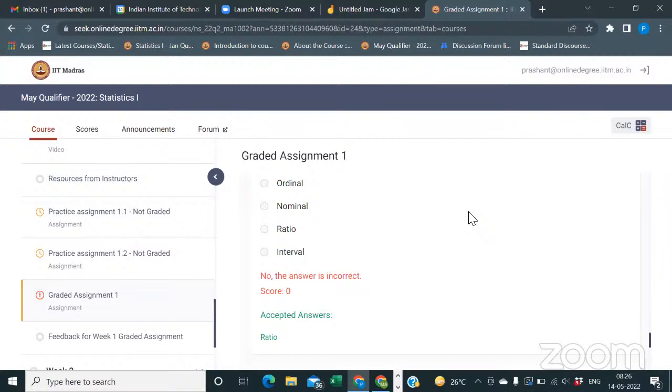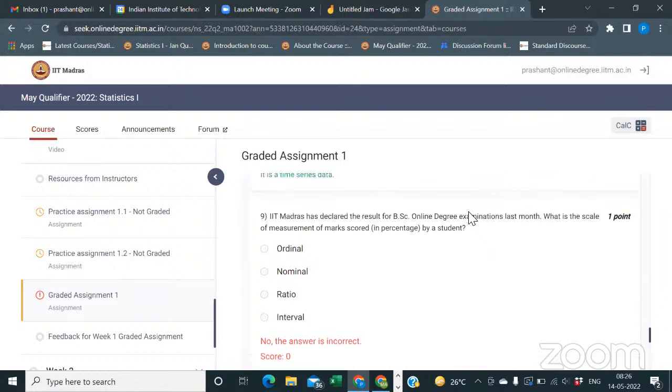When it is categorical data, then only we have to think about ordinal or nominal. One question: we can't take it as interval, but if someone doesn't give the exam, then it will be ratio only, right?